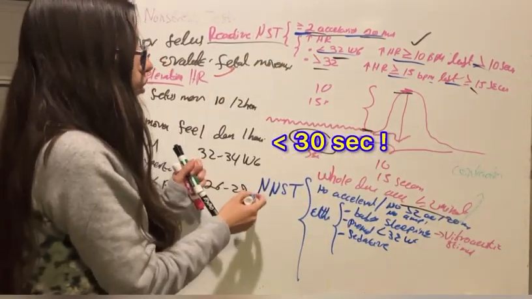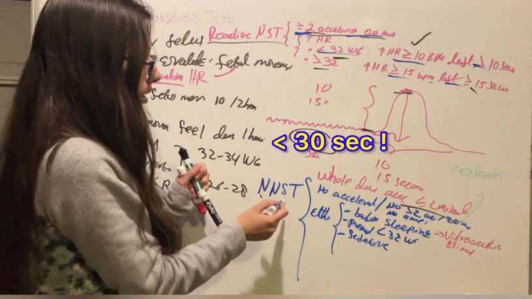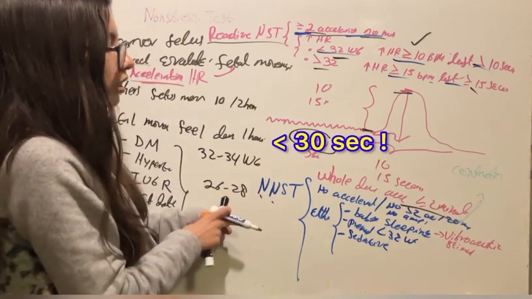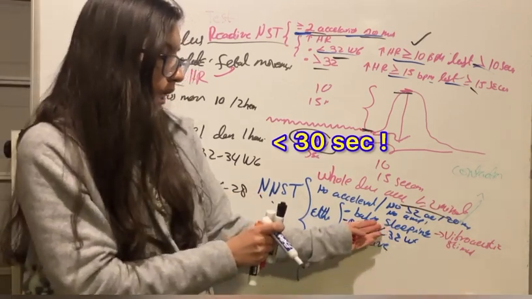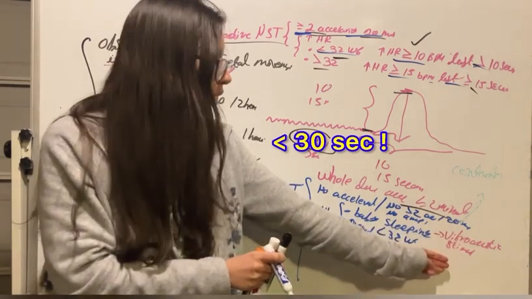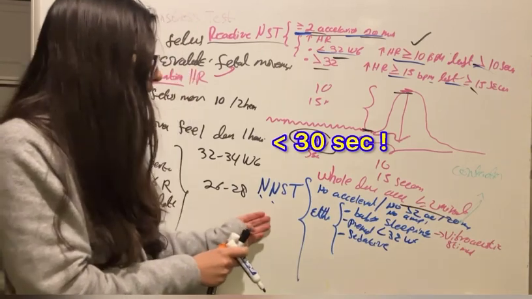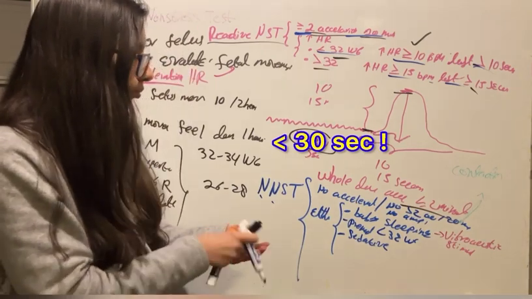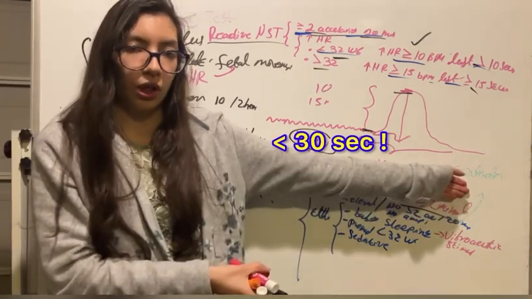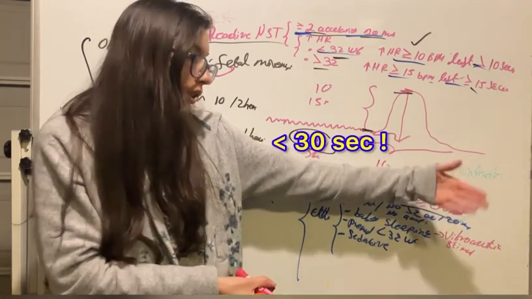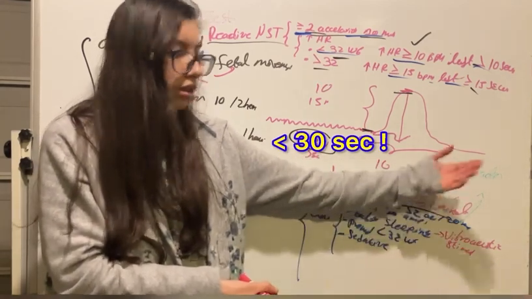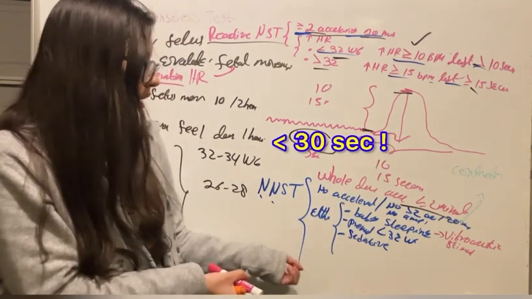If this is a non-reactive non-stress test, the most common cause of this is that the baby is sleeping, and if this is the case, we do vibroacoustic stimulation. If besides this we still have a non-reactive non-stress test, we do a contraction test, which is a contraction stress test because we're stressing the fetus.